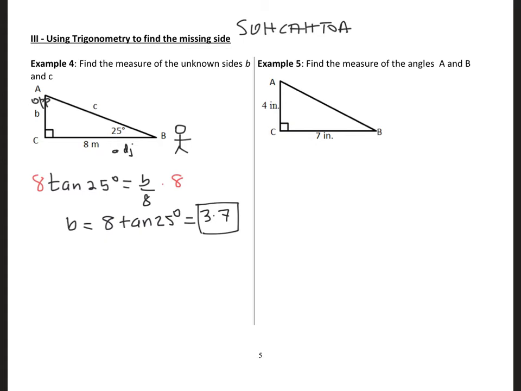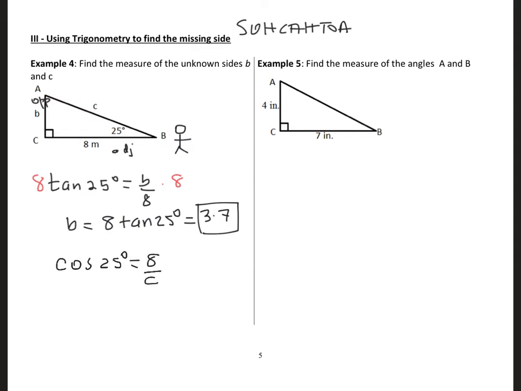So here we are going to find side C. I'm going to consider the given side, and then I need to find C. And I always like to use the original side so that if I made a mistake on the first one, I'm not going to continue with that mistake. So I'm going to do cosine of 25 degrees is 8 over C.